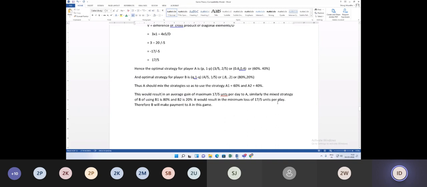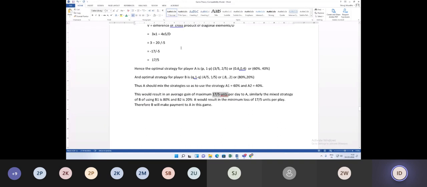So if you adopt the mixed strategy, that is 60% go for the A1 strategy and 40% consider the A2 strategy. Similarly, player B depends 80% upon the B1 strategy and only 20% upon the B2 strategy. Are you getting or not? In the earlier case it was either A1 or A2, but now it is not like that. We are using both, because it is called a mixed strategy game. So once again I conclude this: it would result in an average gain of maximum 17.58, which we already calculated.